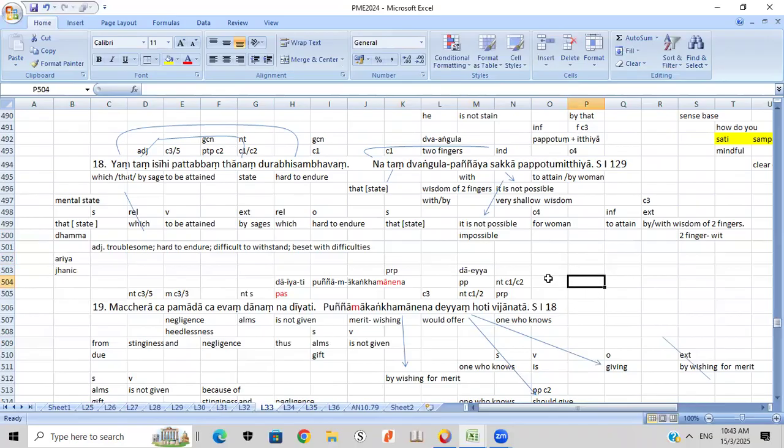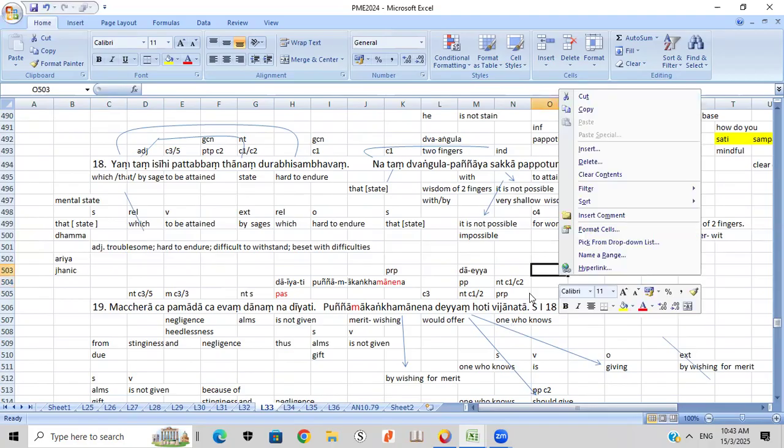All right. So what we do is we put them here. In this particular case, you see the word Vijanata.